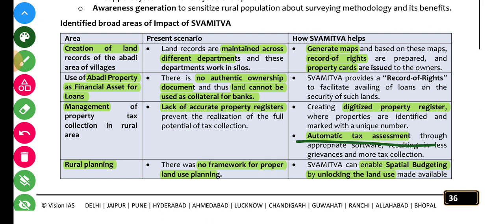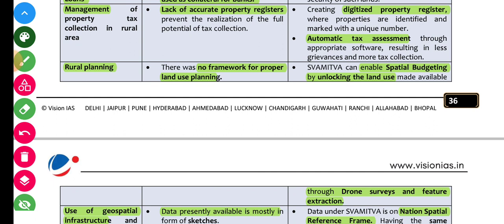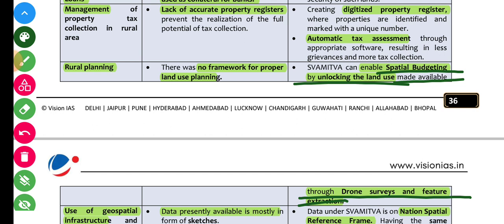Automatic tax assessment through appropriate software, resulting in fewer grievances and more tax collection. So you can remember this. Next, SVAMITVA can enable spatial budgeting by unlocking the land use map made available through drone surveys and feature extraction. So these are some features.